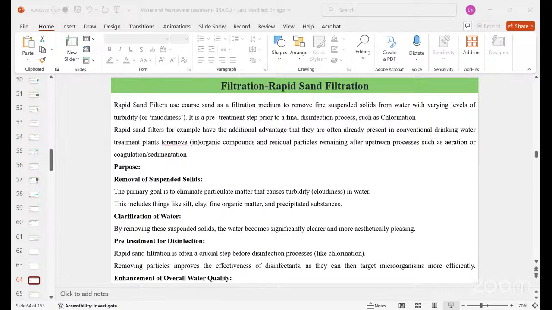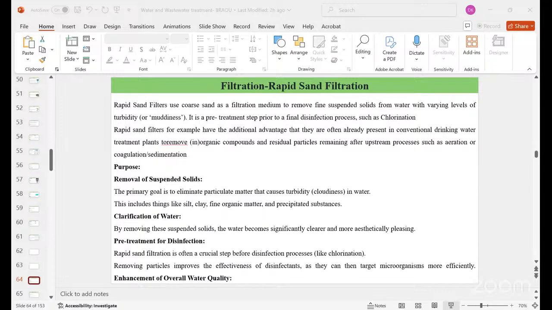This mainly involves reversing the flow of water to flush out the accumulated particles. If the process flow is from left to right, for backwashing it will be from right to left, in order to reverse the flow to flush out the accumulated particles.